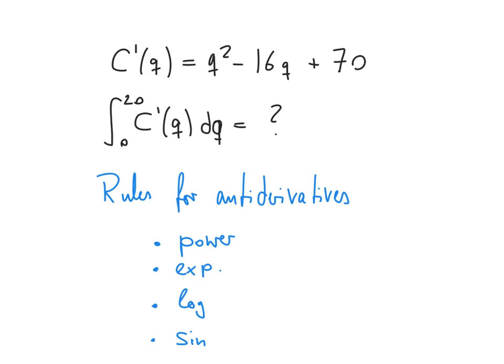And in the book you will find this. In this lesson we're going to do the power rule, the exponential rule, log, and sine and cosine. You can look up what these rules exactly look like, and then apply the appropriate rule in each situation.